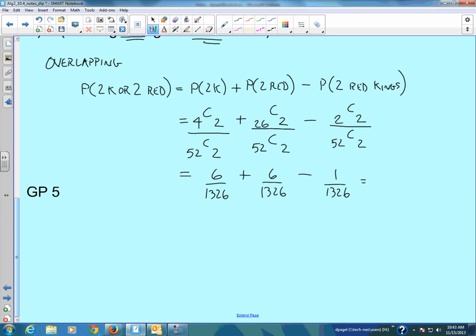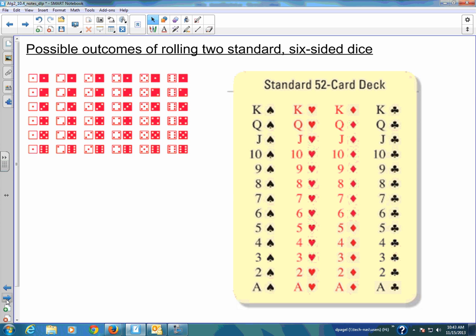So I get a 12 minus a 1, or an 11 out of 1326. There's your probability of drawing 2 kings or 2 reds. I think that's it.